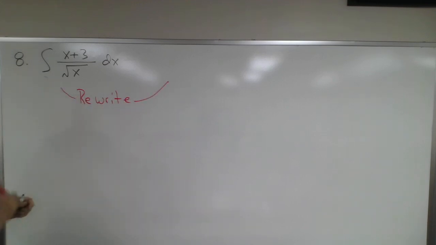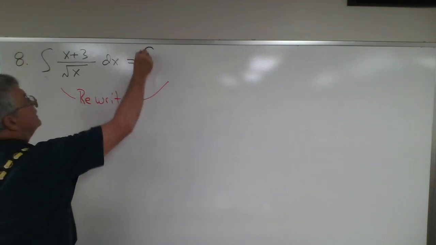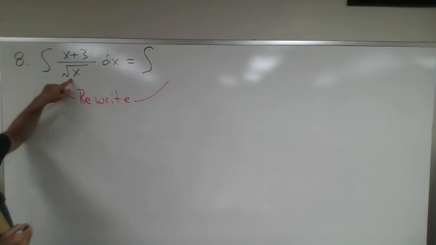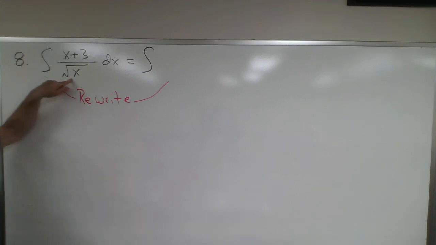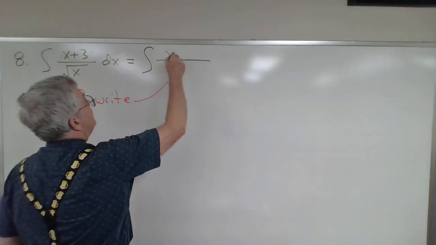That's how much I like the word rewrite. And sometimes in math, we really have to do this. Now, the first thing that I'm going to do, I'm going to get rid of this radical. And I'm going to write it in exponential form.